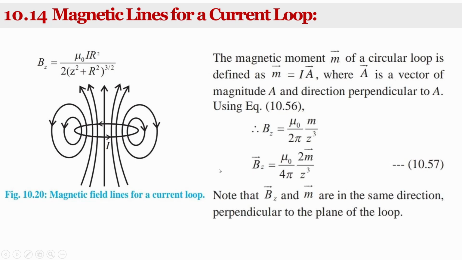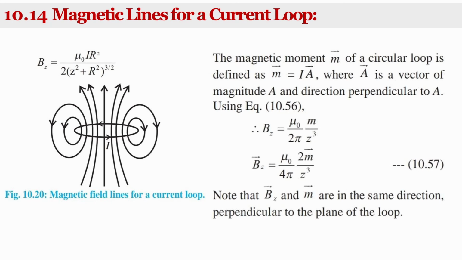Now we consider the electrostatic case. For electrostatics, we can write the formula: vector E is equal to 2p divided by 4 pi epsilon naught z cube. Here m, the magnetic dipole moment, is replaced by p, the electric dipole moment.